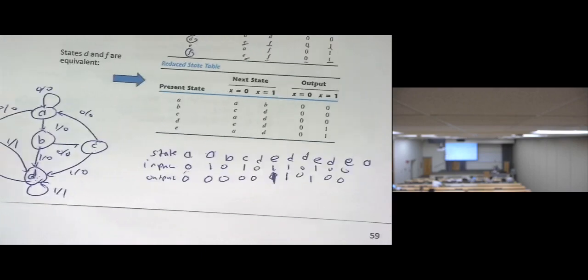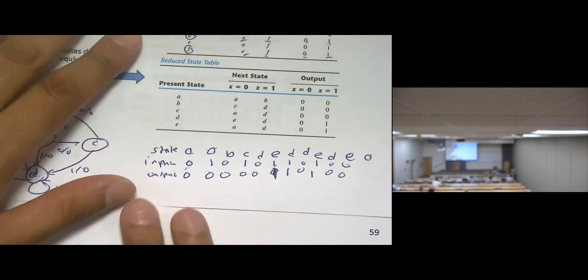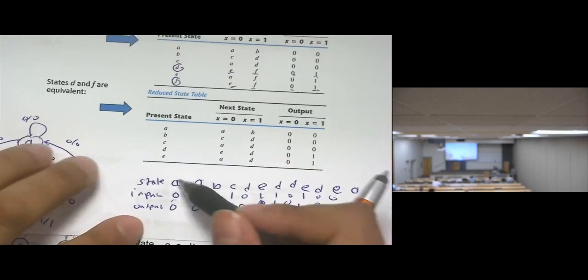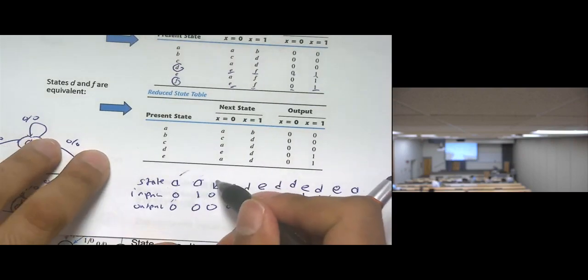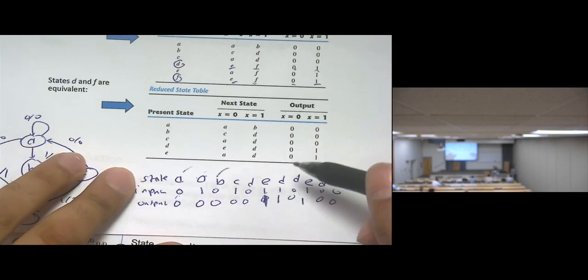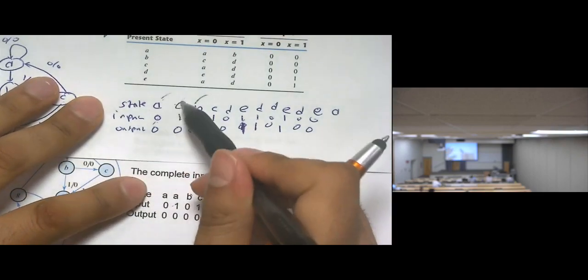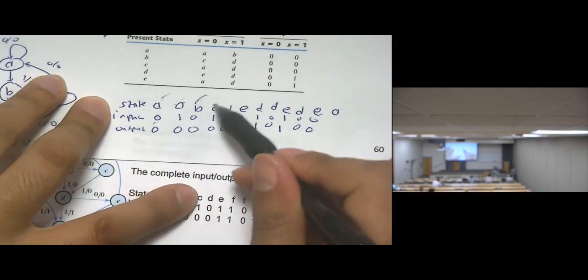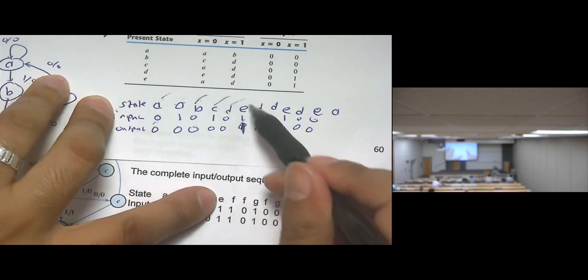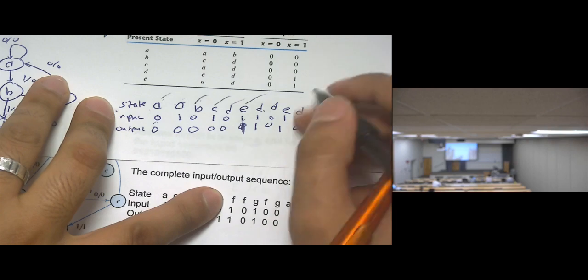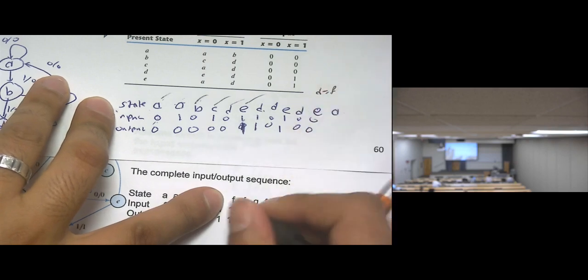So let me compare this. Is it the same as the old one? So let's see. A, B, C, D, E. Here is D, but we said D equals F, right?